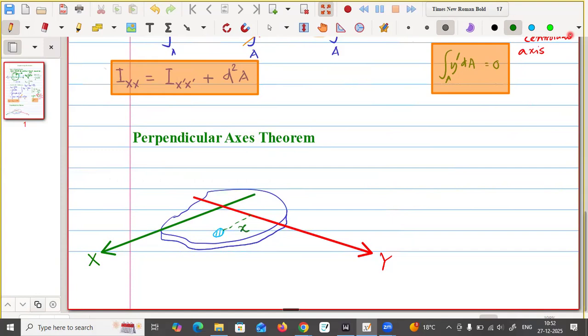Similarly, the distance along the y direction is small y.